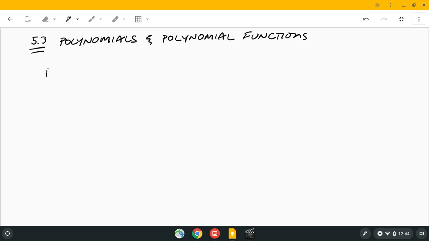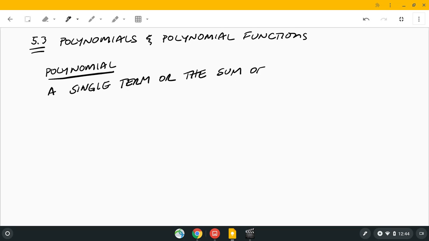Okay, so first of all, we need to make sure that you know what a polynomial is. It's a single term or the sum of terms in which all variables have whole number exponents.